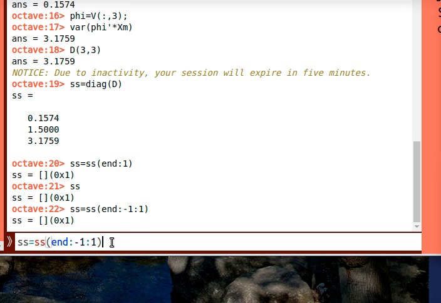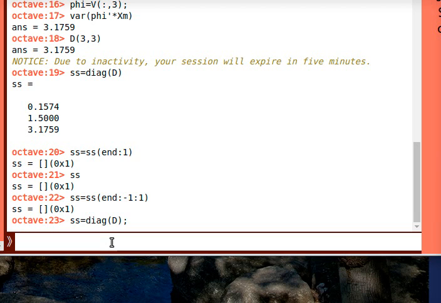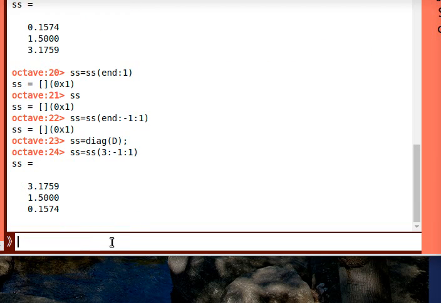Oh, I already deleted them, didn't I? God, I feel like I'm Homer Simpson here. Let's try this again. Or did you guys see that where he was typing on the computer with his nuclear power plant? Okay, ss equals ss 3 by minus 1. What is this? Okay, there we go.